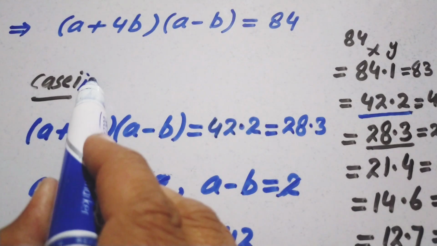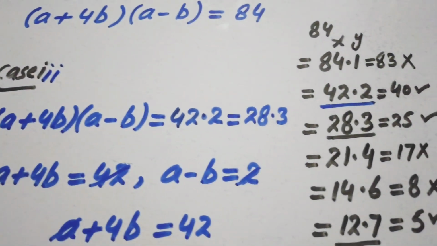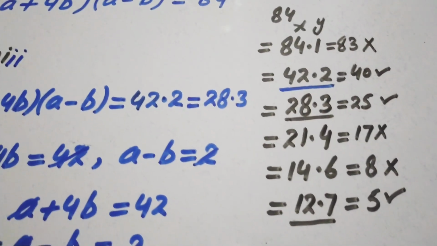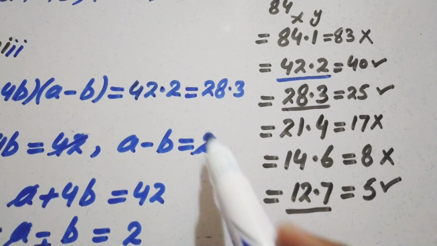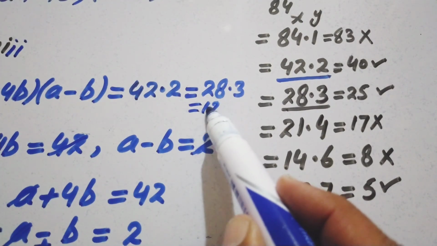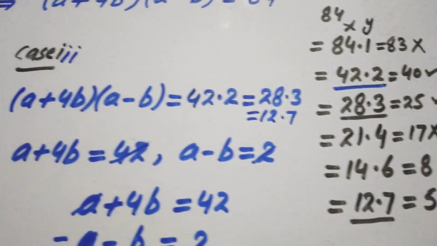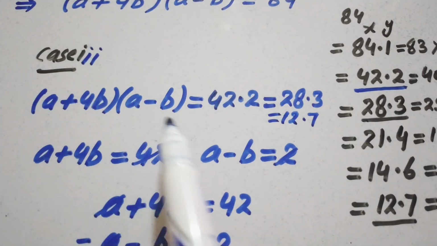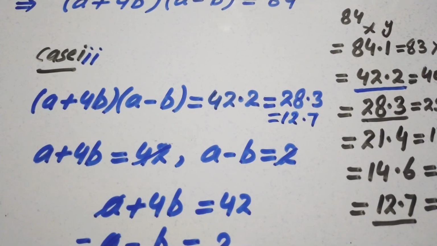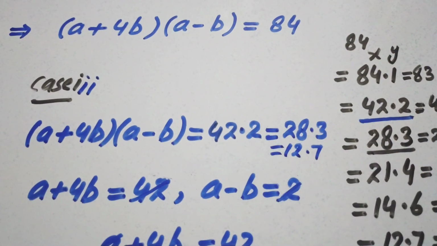Now for the third case, we will write this as 12 multiplied by 7. Hence, a plus 4b into a minus b is equal to 12 multiplied by 7, which gives us 84.